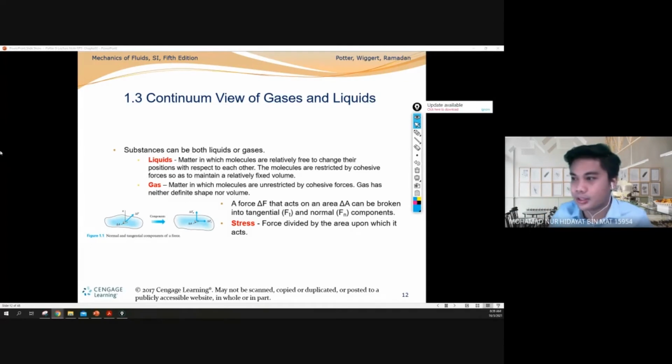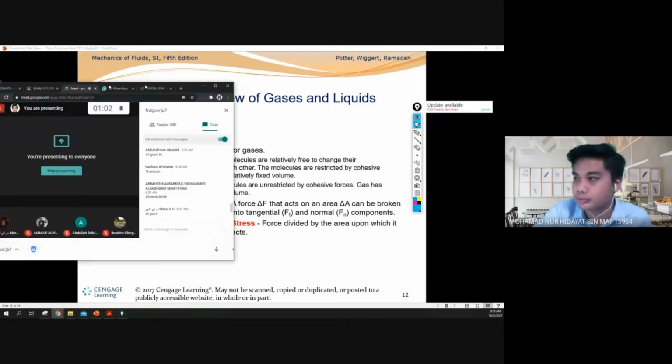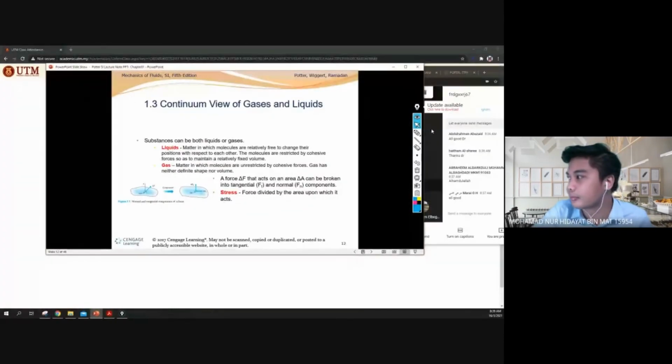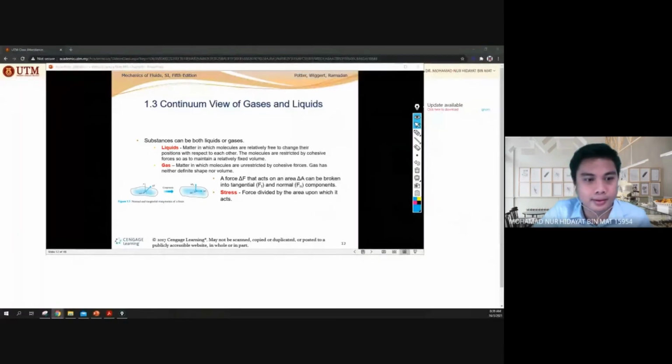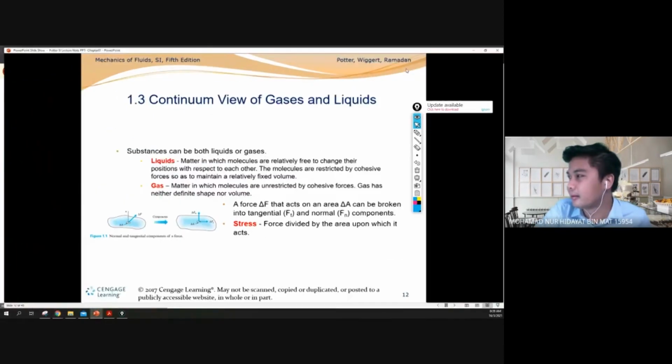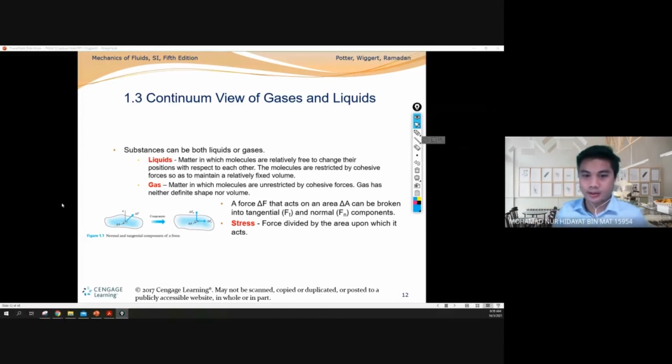Basically, continuum is actually... Someone said don't stop. Similarity, distribution of substance. All of you are correct.